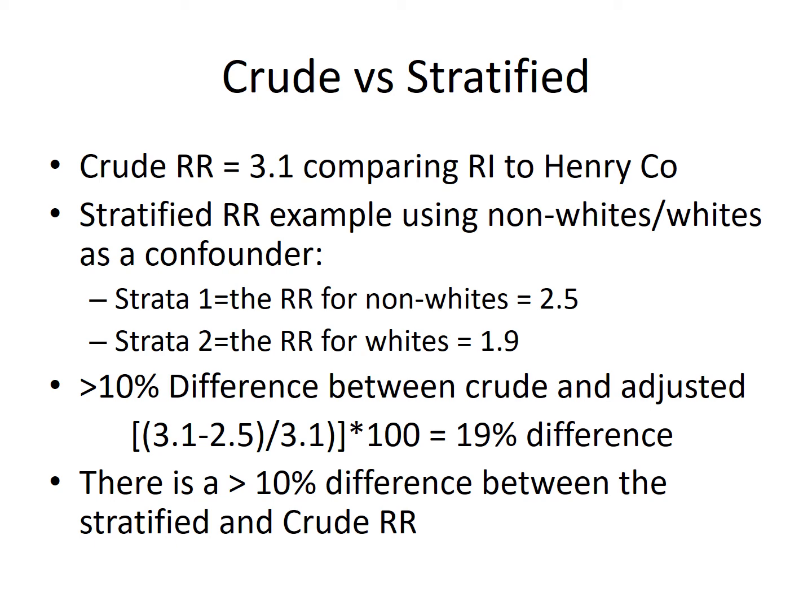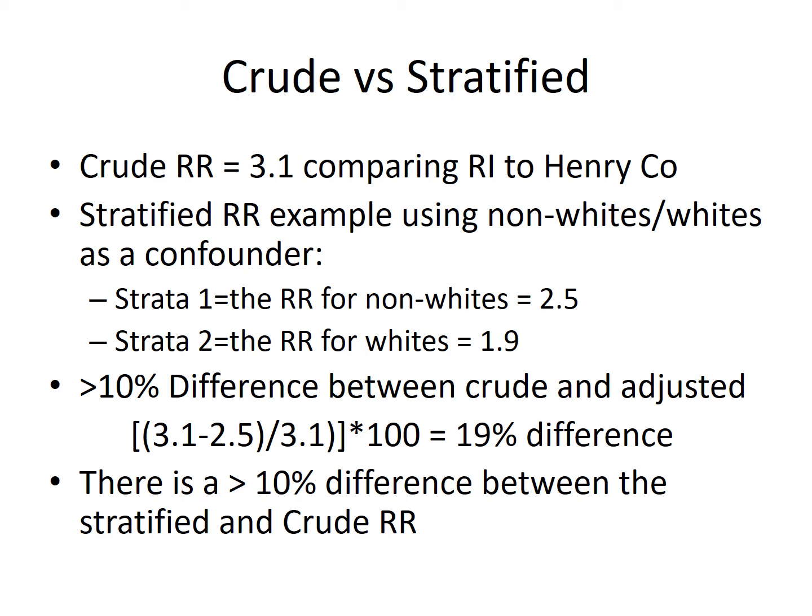And I'm going to take that 2.5 and I'm going to say, what is the proportion or percent difference between that 2.5 and the original 3.1? How big is that difference? And if it's a greater than 10% difference between the original, the crude, the 3.1, and the adjusted, the 2.5, then we talk about confounding.